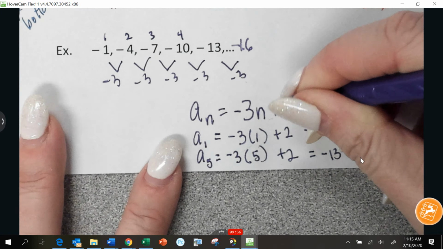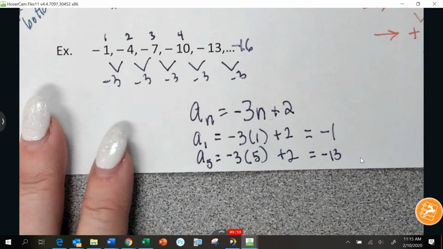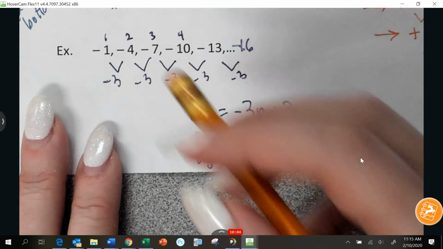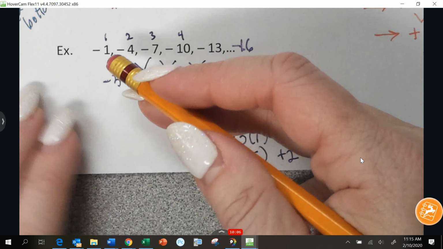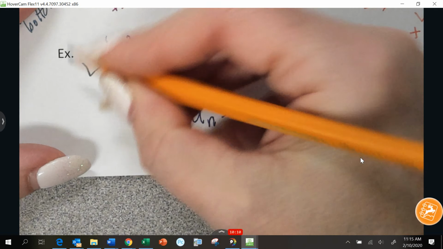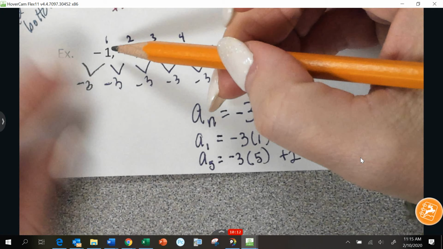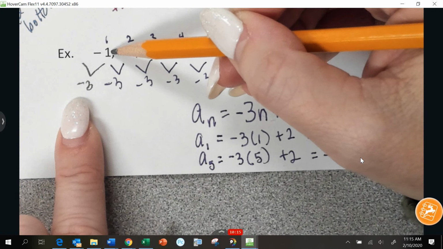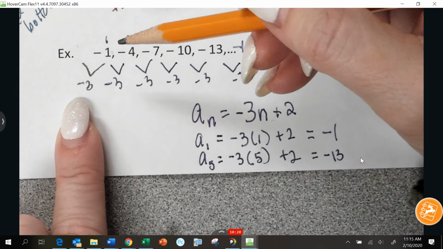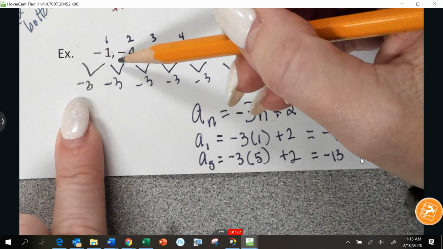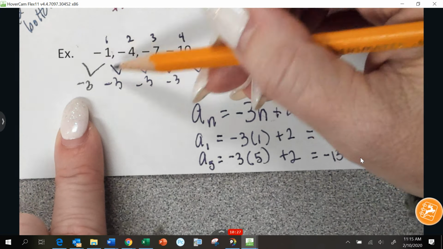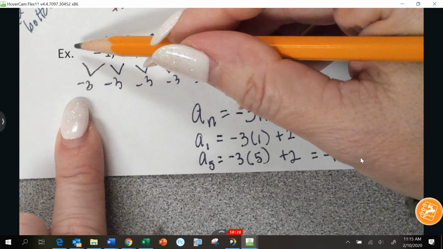Some people in this class asked, can I go and find the 0 term? That's also a good idea. There isn't a zero term, but you know enough about math that you could find it. What take away 3 ends up being -1? If I take away 3 from it, I get -1, so to go the other way, I would add 3. 2 should be the zero term.